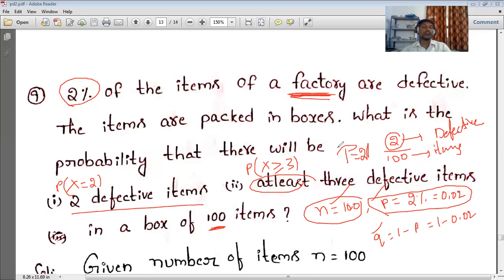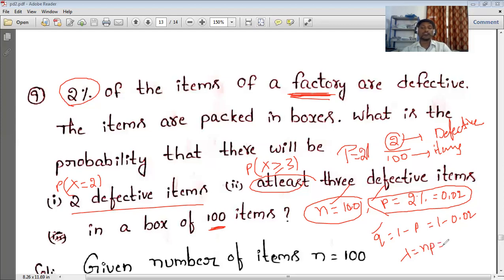Anything you can apply. But for applying Poisson, what do we require? Lambda we require, right? So lambda is nothing but the product of the number of trials and the probability.